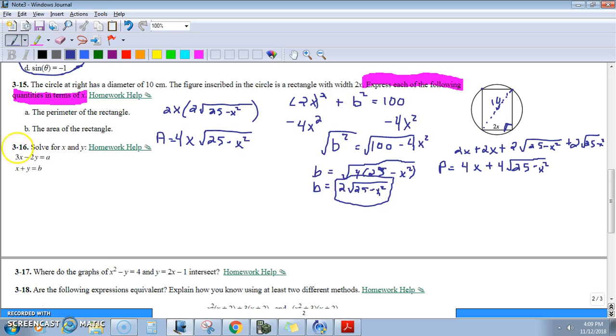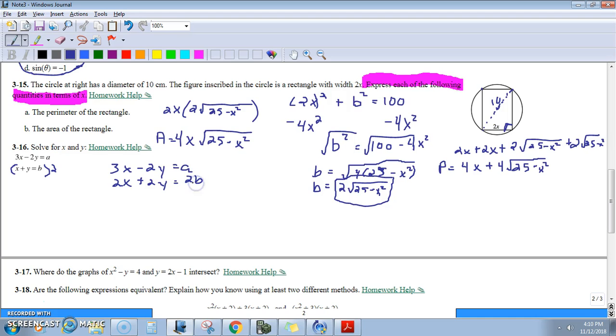I'm going to multiply the bottom equation by 2 so that I can get opposites. So I have 3x minus 2y equals a, not changing the top equation. And then my bottom equation now becomes 2x plus 2y equals 2b.